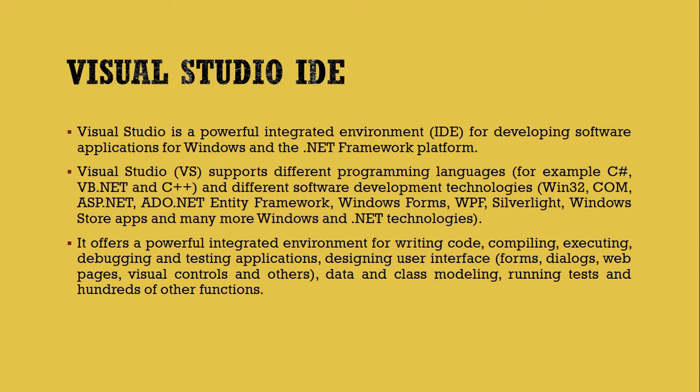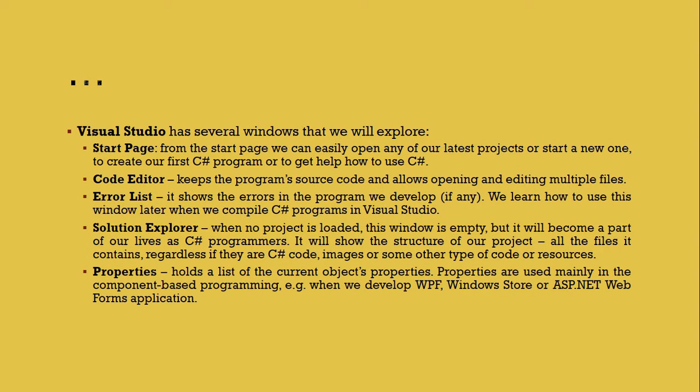There are different templates which can help you to develop different software. Visual Studio has different explorers like Start Page, the Code Editor, Error List, Solution Explorer, Properties. Start Page helps you to quickly open up recently created or used projects or files.